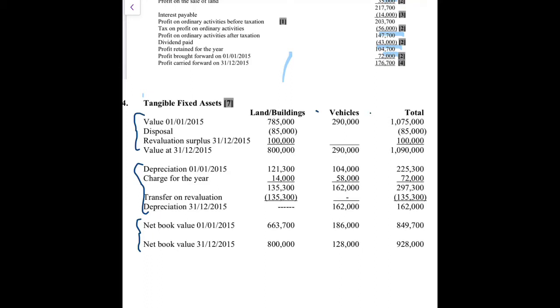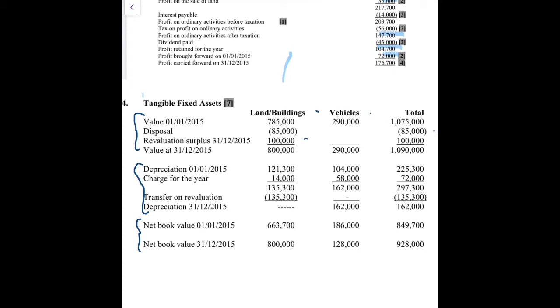Then our cost of our vehicles was 290 combined, that's 1,075,000. Did we have any disposals? Yes, obviously we sold that piece of land, so you're removing that at cost price of €85,000. There was no disposals to vehicles, so in our total column we just have the 85 as well here. Then we have revaluation. We did have a revaluation on our building, so you're putting the increase in there.